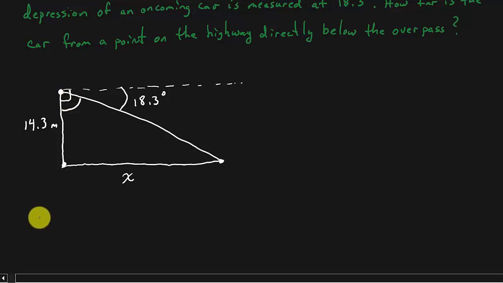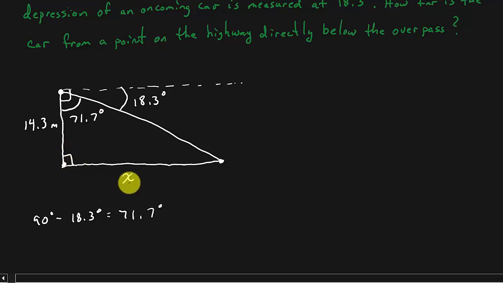So this angle is 90 minus 18.3 degrees. So 90 minus 18.3 is 71.7 degrees. So this is 71.7 degrees. All right. And of course that's a right angle.